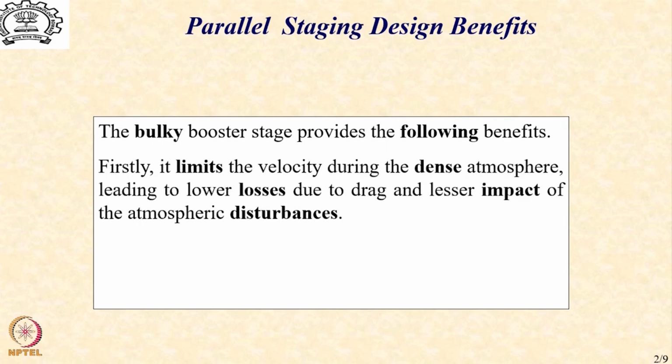The first thing that it does is to limit the velocity during the dense atmosphere and tries to reduce the drag losses, which actually increase because of higher amount of base drag as the frontal area presented to the wind is larger because of parallel staging.